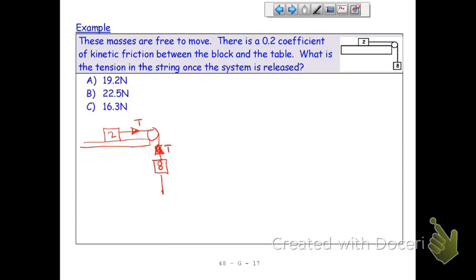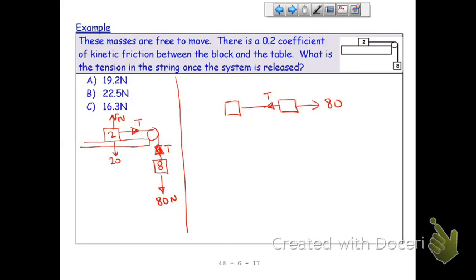Tension. 80. This is 20. That's Fn. Stretch diagram. Tension. Tension.